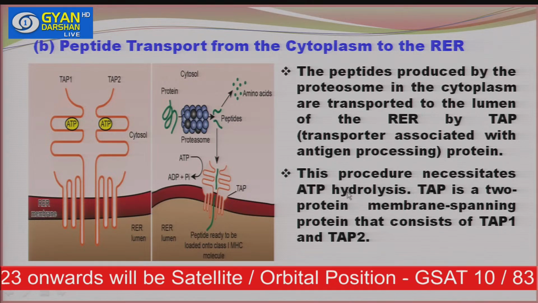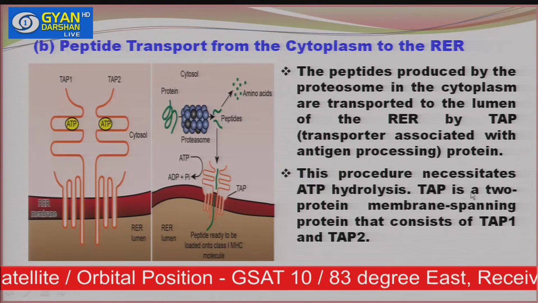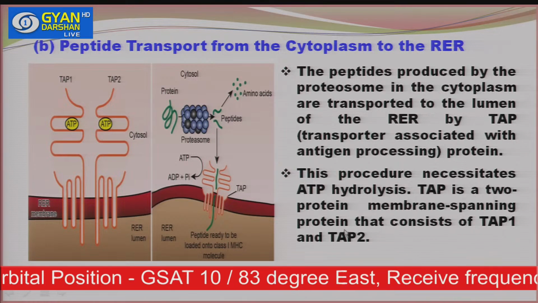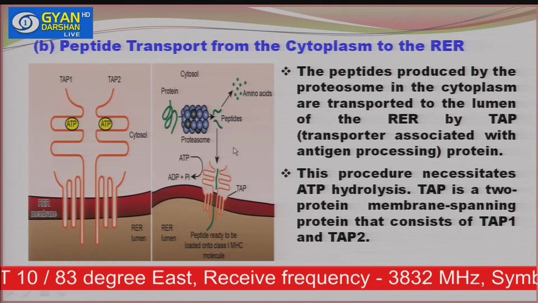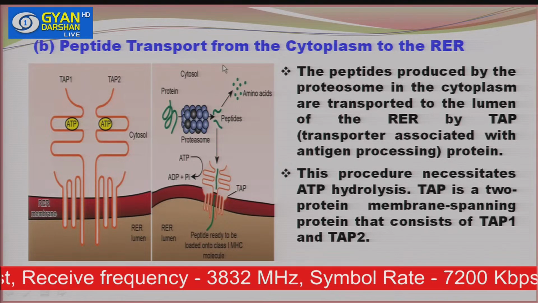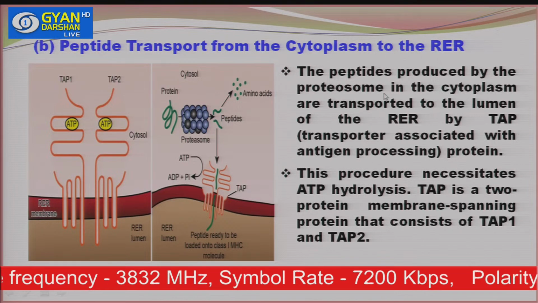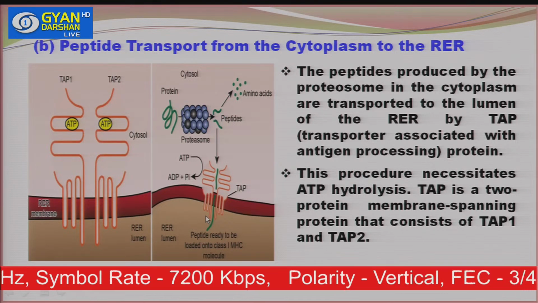This procedure necessitates ATP hydrolysis, and TAP is a membrane-spanning protein that consists of TAP 1 and TAP 2. So it is a very important step: the peptide transport from the cytoplasm to the endoplasmic reticulum.